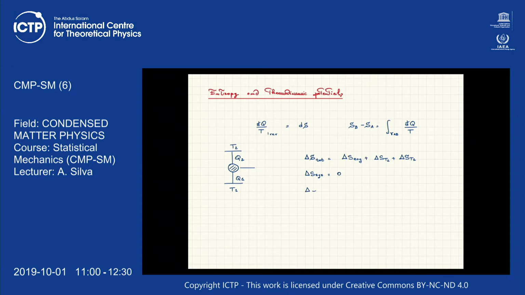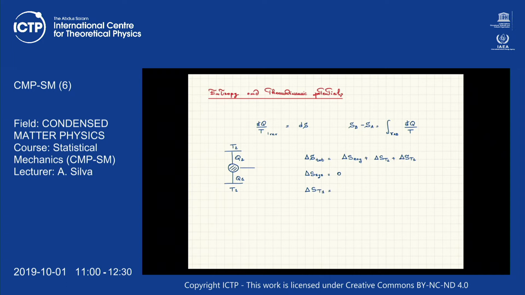Now, what about delta S of the reservoir at temperature T1? Here you have to be careful about conventions, right? We have always had the convention that the heat is positive when it is given, when the system gives it to the external whatever. So in this particular case, however, the heat is positive when it's absorbed by the system.